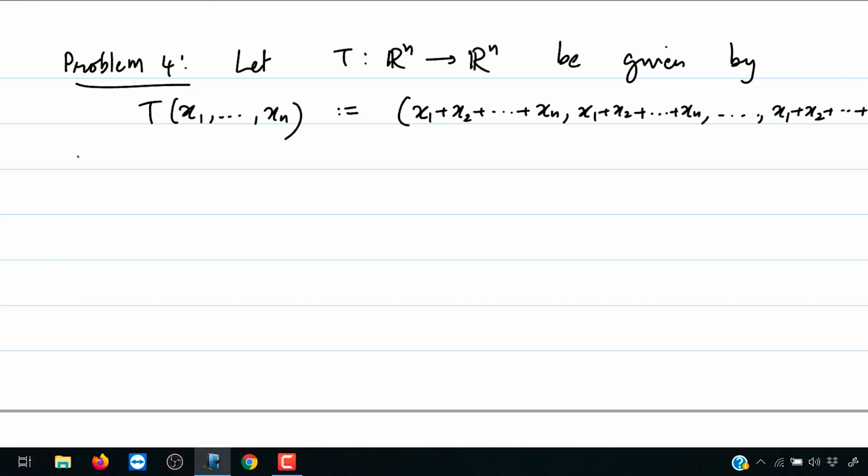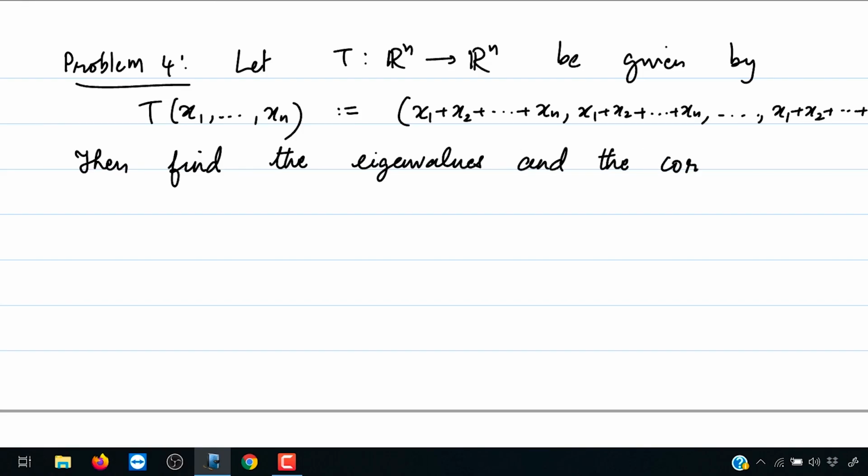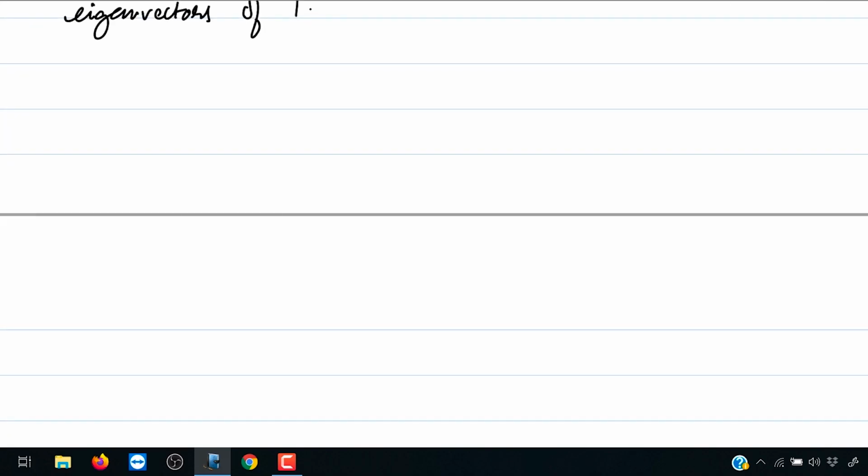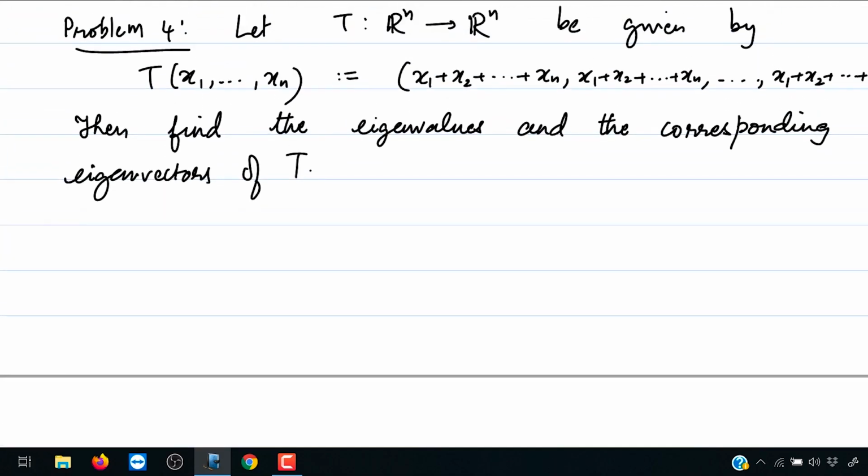Okay, so the problem is to find the eigenvalues and the corresponding eigenvectors of T. So if you notice, in the standard basis, the matrix of T will be a matrix which is given by 1 in every entry.